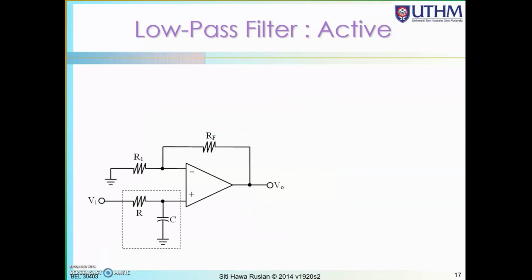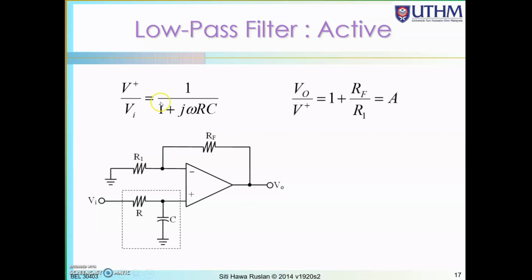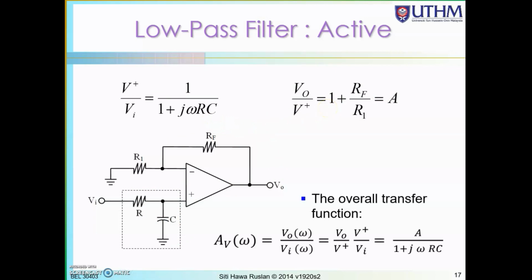If you combine these two, the op-amp amplifier with the filter, you can get the transfer function. This one you obtain from the filter part, this one from the amplifier, and multiplying these two gives the overall transfer function. If you look at this transfer function, the difference from the passive filter just now is that instead of 1, there is a gain A over here.